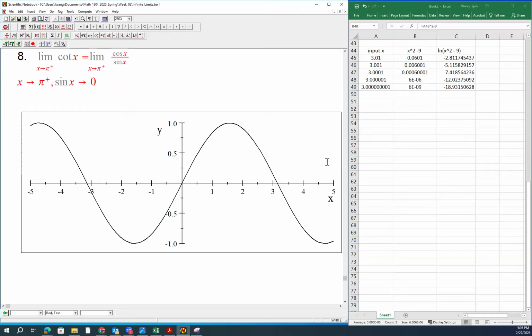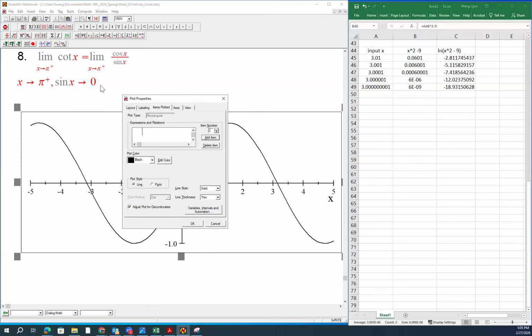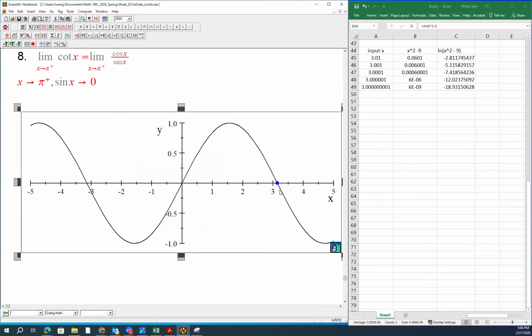So first we need to identify where that pi is. So we're going to get to that point, pi, comma 0. This time I'm going to use a blue dot for change. So that's pi.